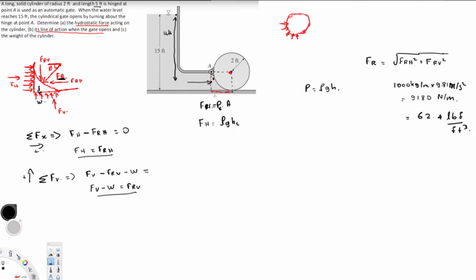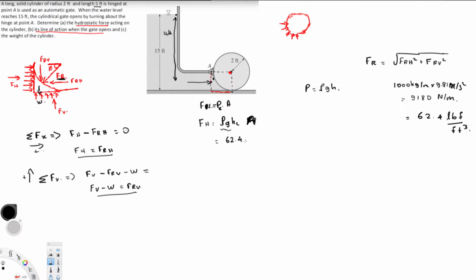So the area is going to be 2 times 5. Let's put area first. Area and rho g. So rho g value is going to be 62.4 pound force per feet cube.